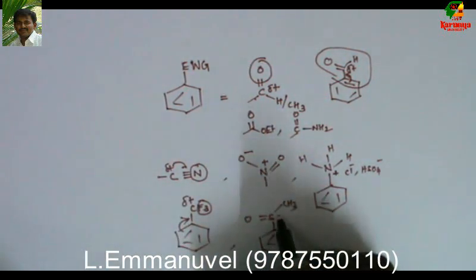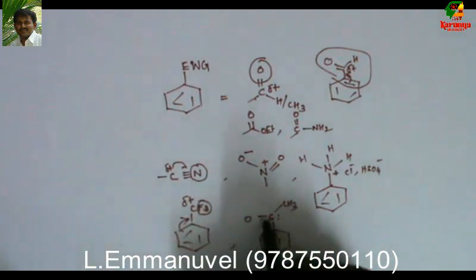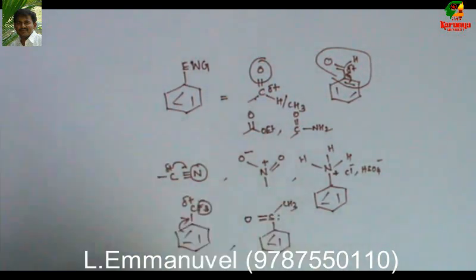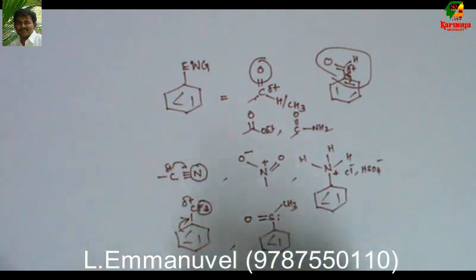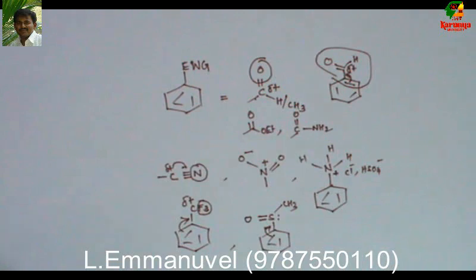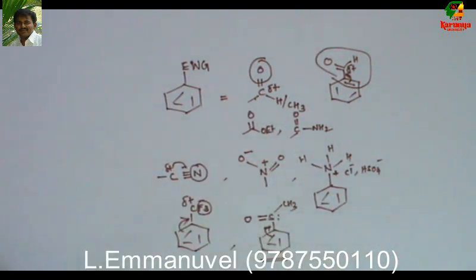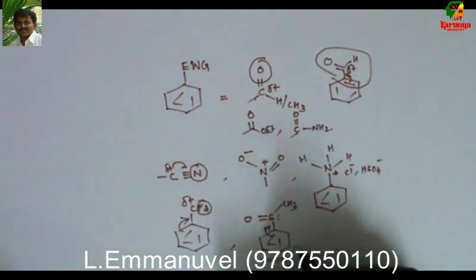In this case, even though there is a lone pair of electron, because of this double bond and more electronegative atom, it prefers to pull the electron from here. Instead of giving the electron, it prefers to pull the electron. So it is something different from whatever I mentioned. It has a lone pair of electron, but instead of donating that electron, it prefers to pull the electron density from the aromatic ring. So basically it is meta-directing.